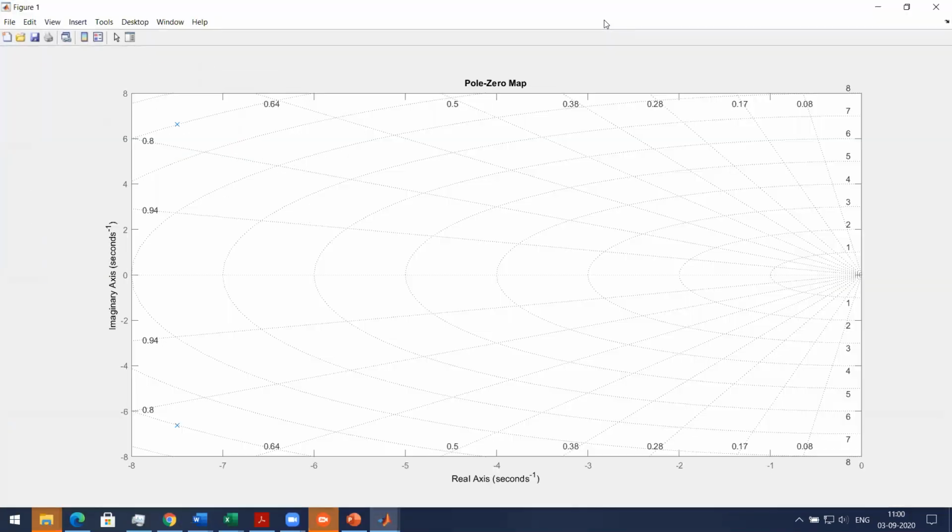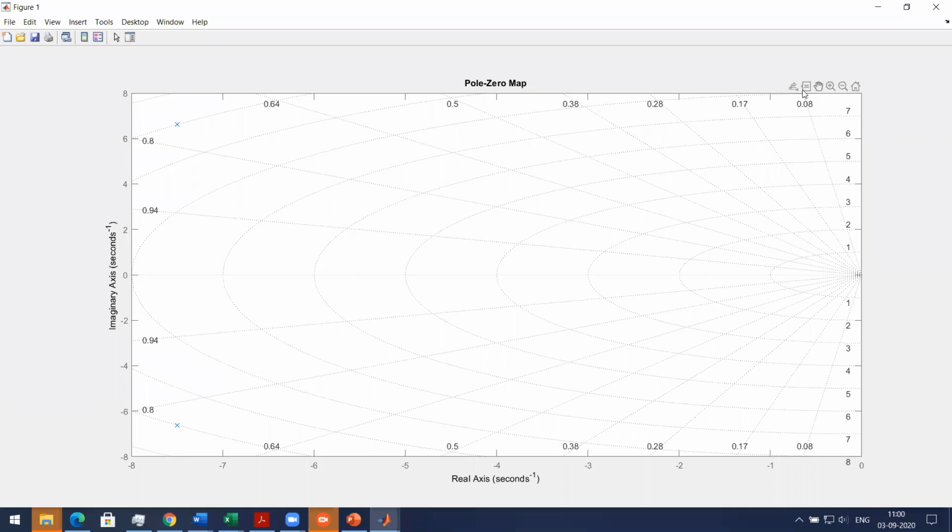So what you see here is you have 2 poles over here. This is the same pole zero map, but with some lines drawn at some angle. Each line represents a damping ratio value.